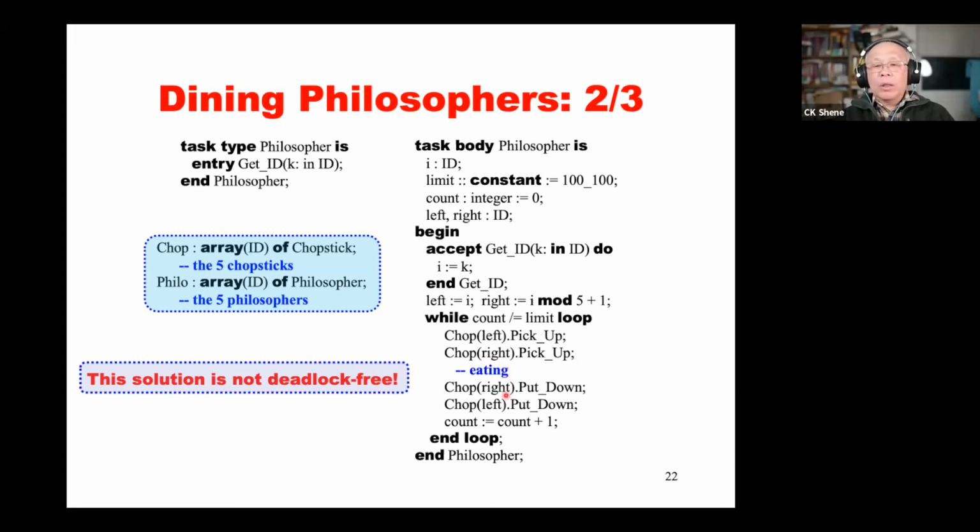After one cycle, increase the count by 1. It's not equal to the limit, so we'll keep going. So eventually when it's equal, we're done. Notice that this solution is not deadlock free. You may refer to the Dining Philosopher lecture for the details.